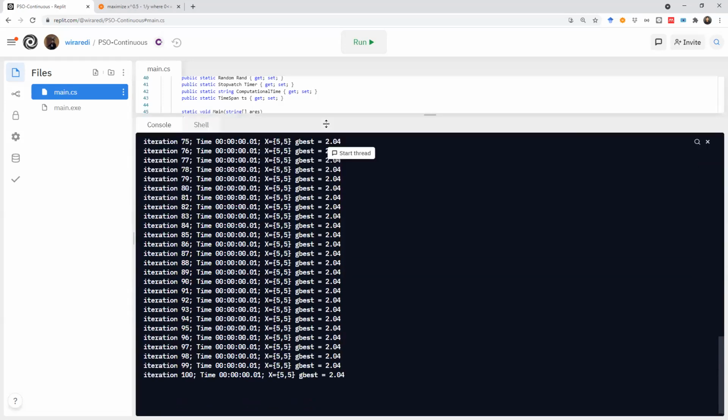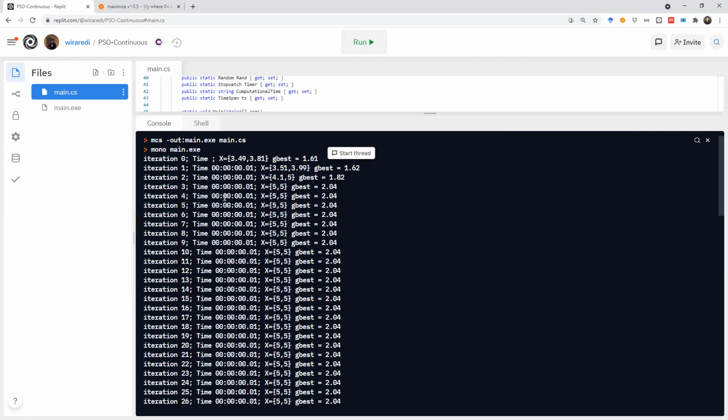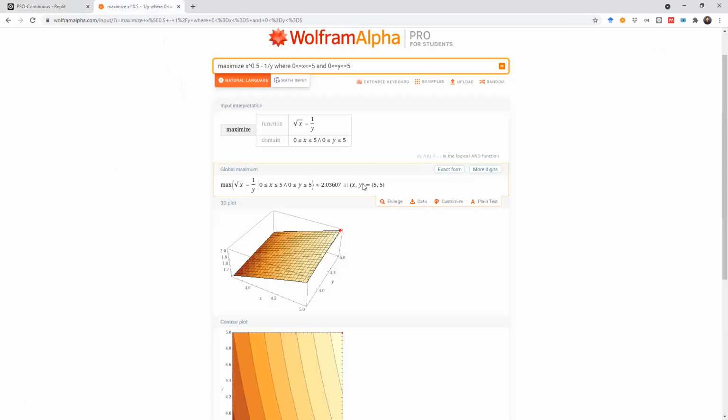If you can see here, at the initial iteration 0, the best solution that we found is x equals 3.49, y equals 3.81, so the global best is 1.61. Gradually it tries to move to the value that we know is the optimal solution, located at x equals 5 and y equals 5.